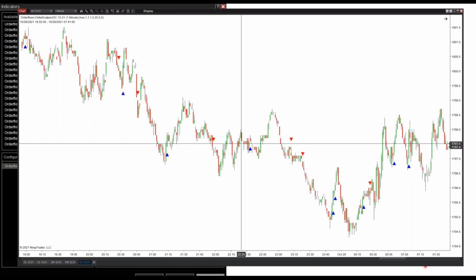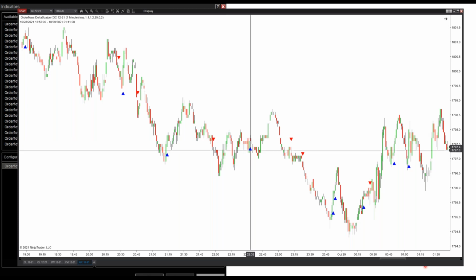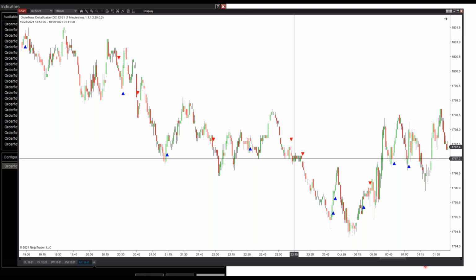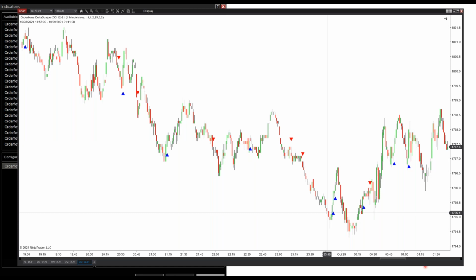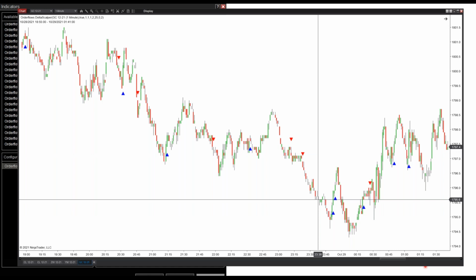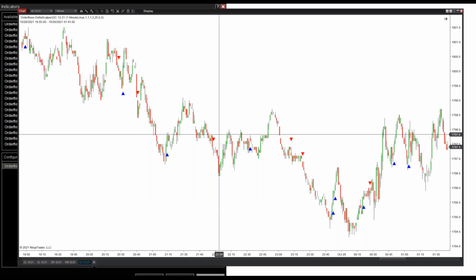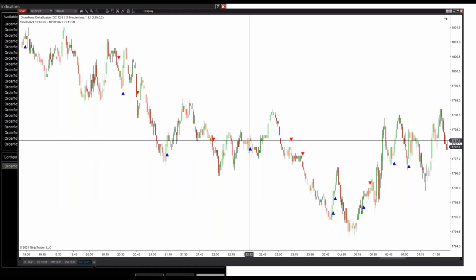You get stopped out here and take a small loss, but then you get a nice trade coming on from 97 all the way down to 95. It's not much of a move, but there's moves to be had in these sessions, and even if you get stopped out, it's not a big stop. It's manageable.